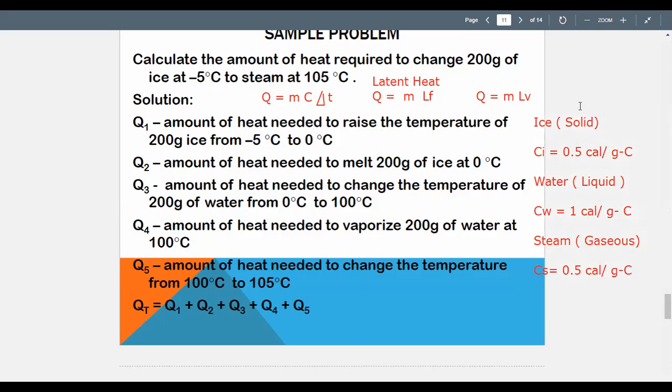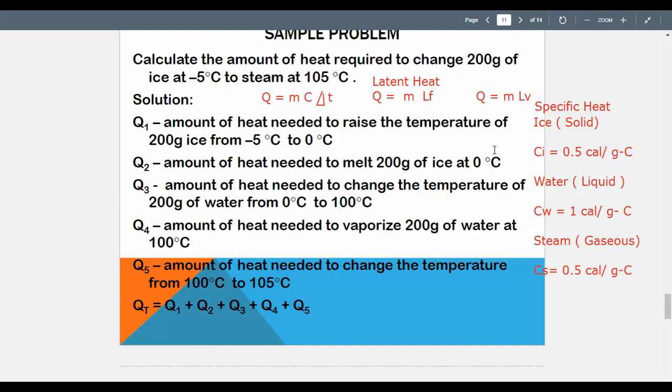Okay, so these are the specific heats. So we have solid water, we have liquid water, and we have the gaseous form of the water.